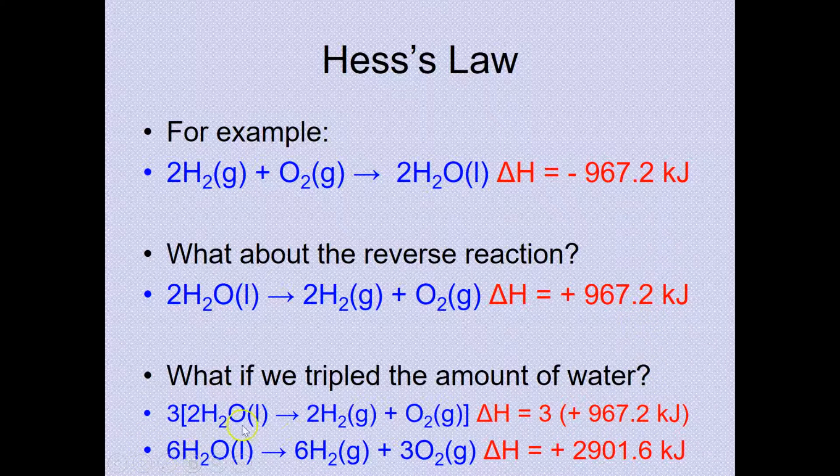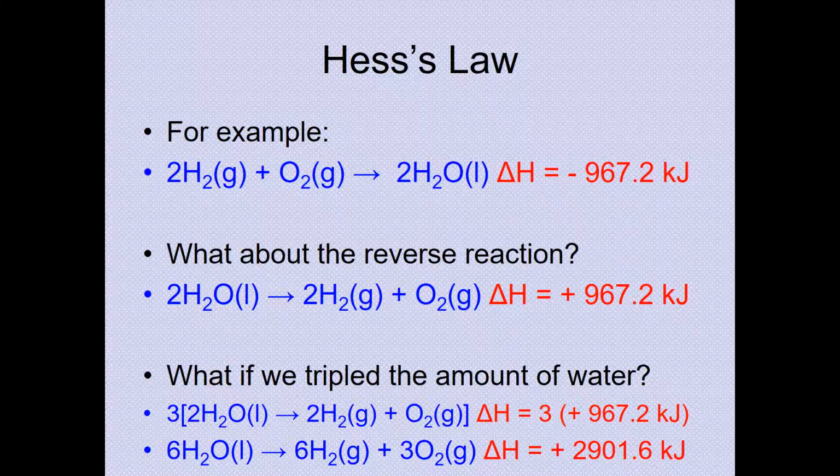So if we had 6 waters and 6 hydrogens and 3 oxygens, we would have 3 times 967.2, which if you enter into your calculator, you will see is 2,901.6.